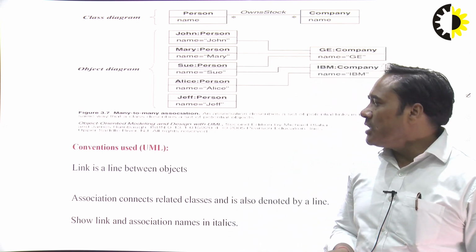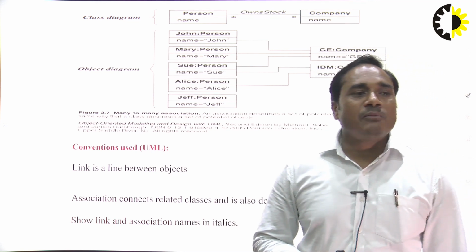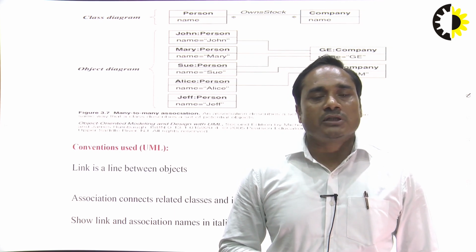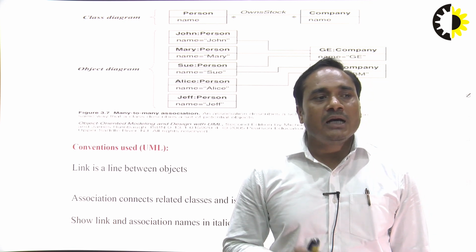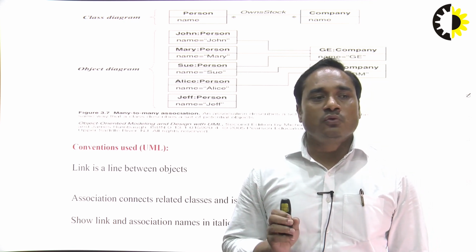In conventional UML, what is UML? Basically Unified Modeling Language. It shows the link as a line between two objects. So in simple terms, a link is a line between two objects, and an association is a line between two classes.